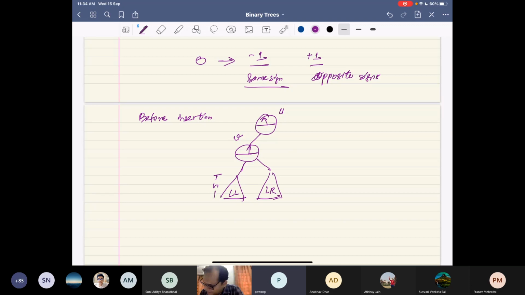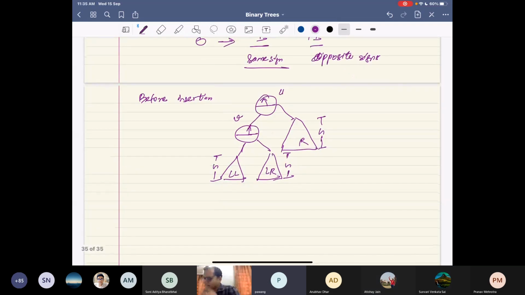They have both the same height, H. And the balance factor of U is -1. That means the overall left subtree is higher. So what is the height of the right subtree, R? H. Left subtree is H+1 right now. This is the case. Now you insert.